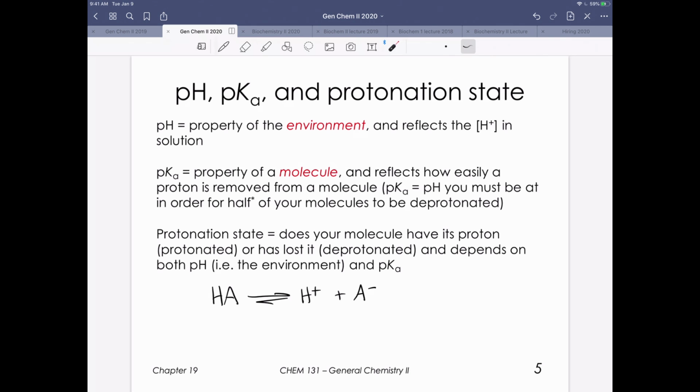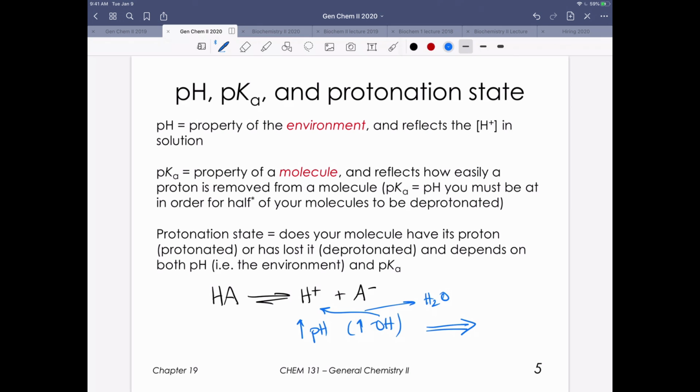If we think about this another way, as we increase the pH of our solution, we're going to be increasing the hydroxide concentration. Hydroxide is going to be able to react with that proton and make water, and it's going to shift the equilibrium to the right.